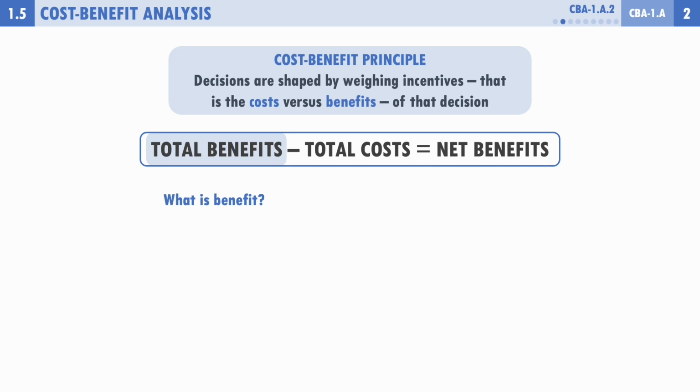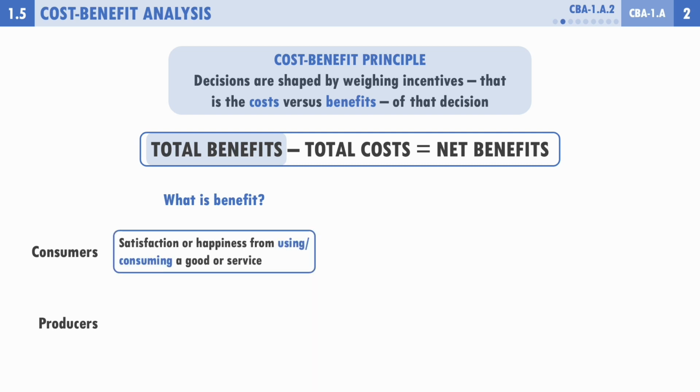As we get into this course, one thing you'll see is that as we differentiate between consumers and producers within markets, it's also important to understand that benefit is measured a little bit differently depending on who you're looking at. So for example, a consumer, since they are consuming these products in what we call the product market, the satisfaction or happiness that comes from using that product is known as their benefit, right?